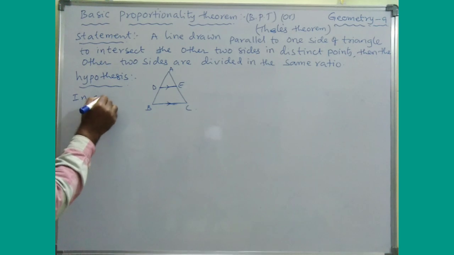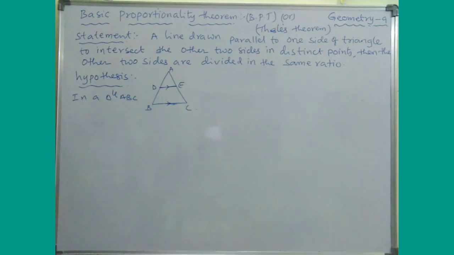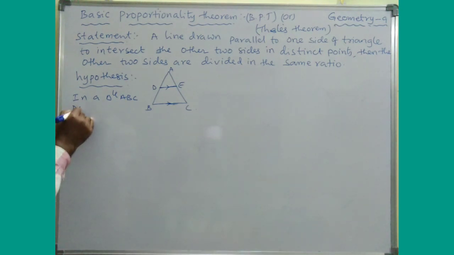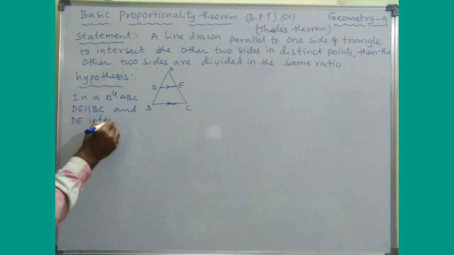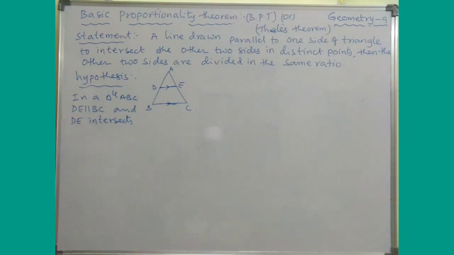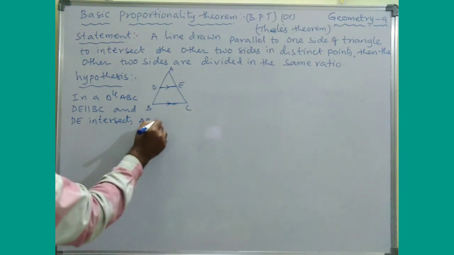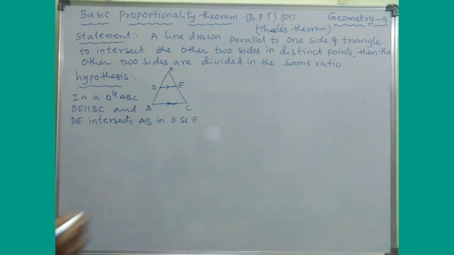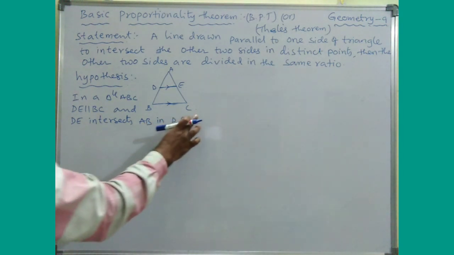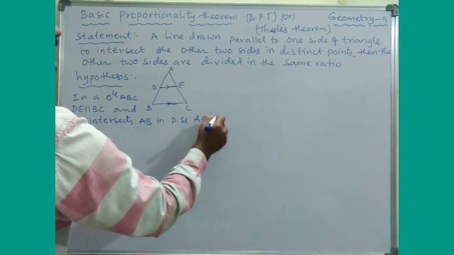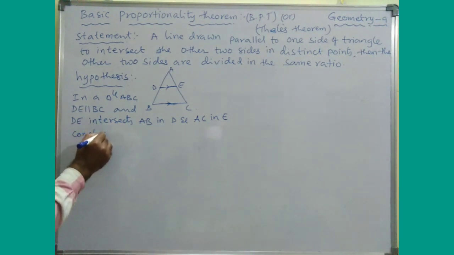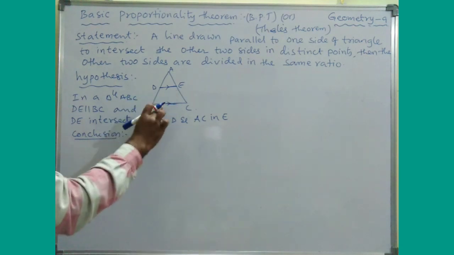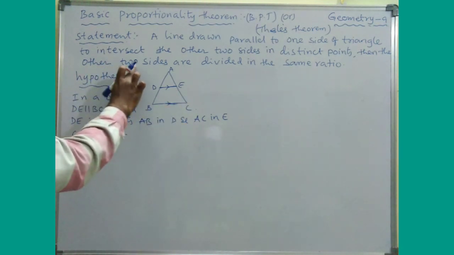I mean, see, in a triangle ABC, DE is parallel to BC and DE intersects AB in D and AC in E. So coming to the conclusion, see, when a line is drawn parallel to one side, then it is dividing the other two sides in the same ratio.